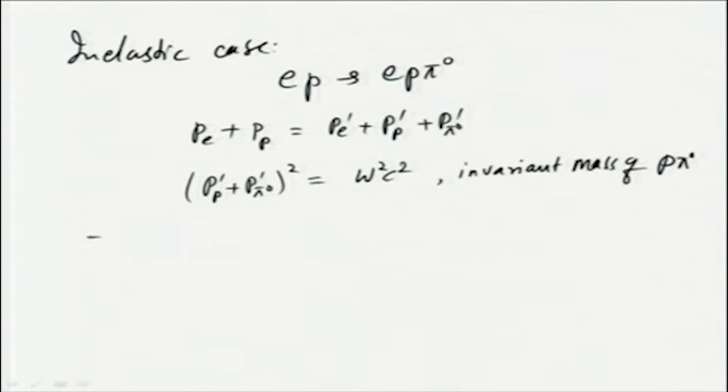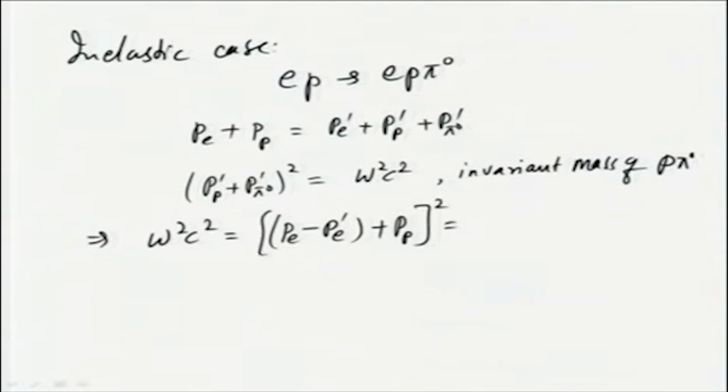So, this tells you that W square c square is equal to (P_E minus P_E prime plus P_P) square, which is exactly what we had earlier on the right hand side, which is q square plus m square c square plus 2 m nu.